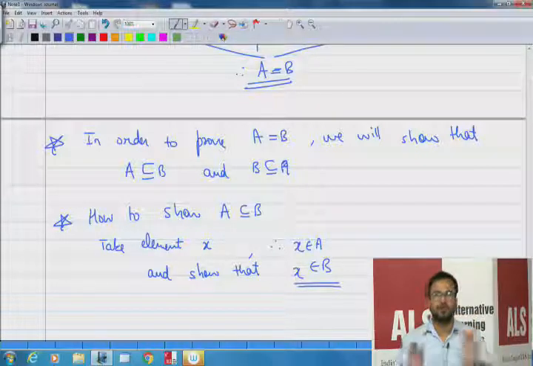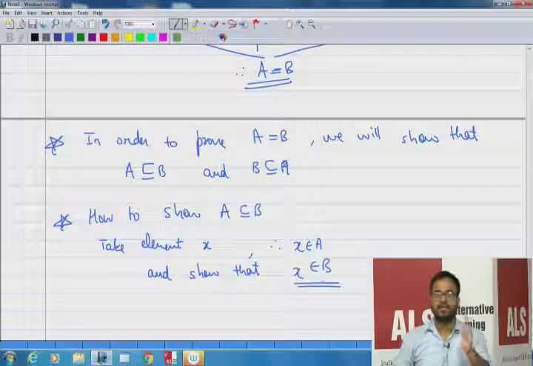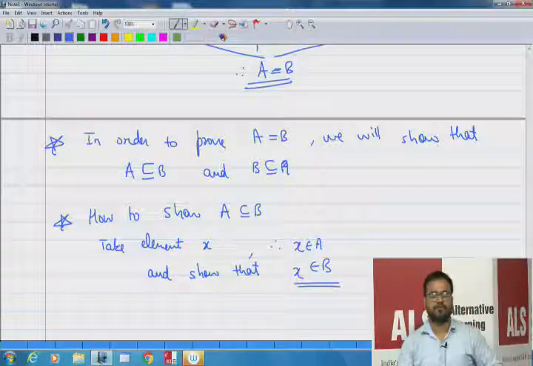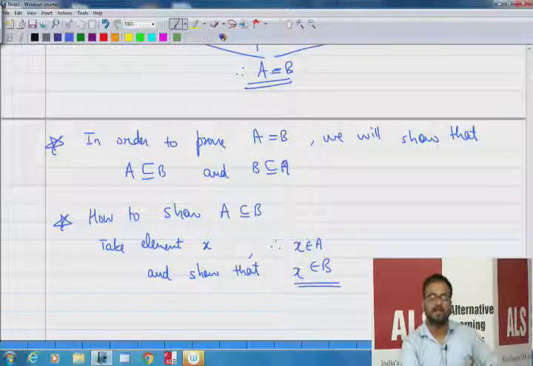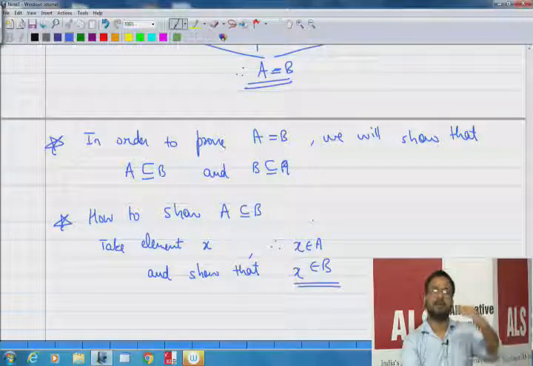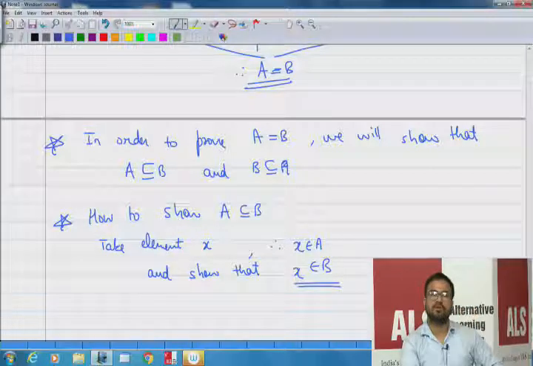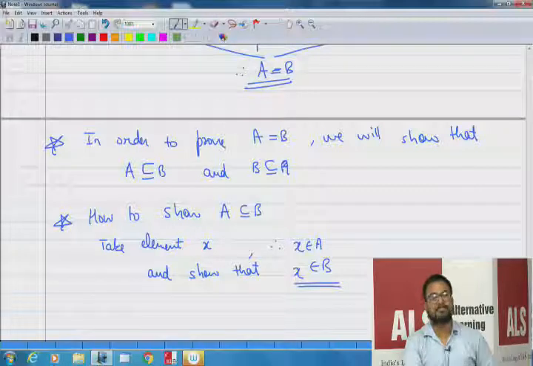In order to prove two sets are equal, we will show A is a subset of B, and how will we show that? We will take one random element which belongs to A, and using some methods, we will show that X also belongs to B. If X belongs to A and X also belongs to B, we will say that A is a subset of B.